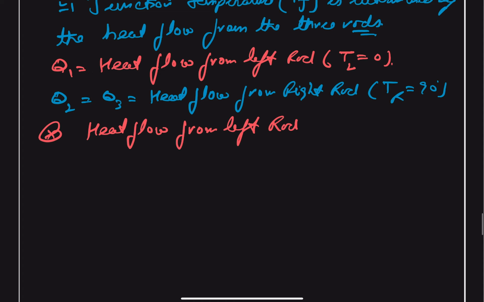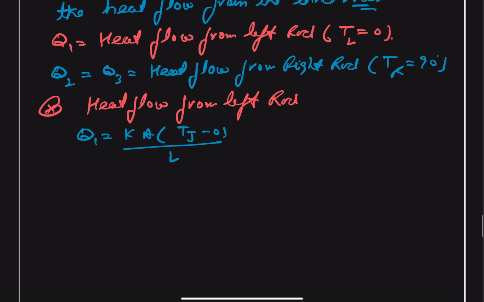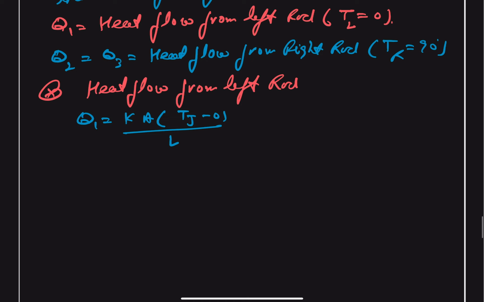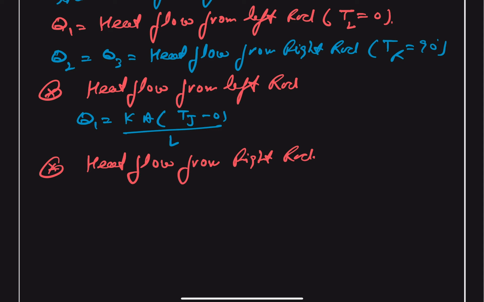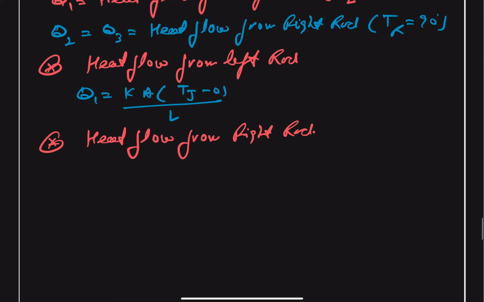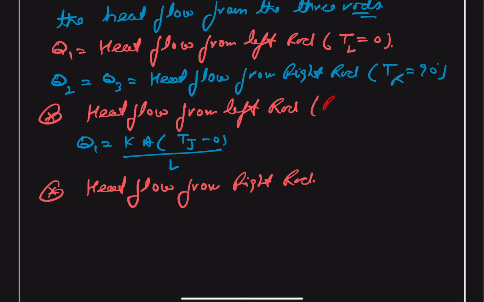So our Q1 will be equal to Ka, Tj minus 0, divided by L. Now similarly, for the right rods: the left rod we call rod 1, and on the right we have two rods, rod 2 and 3.